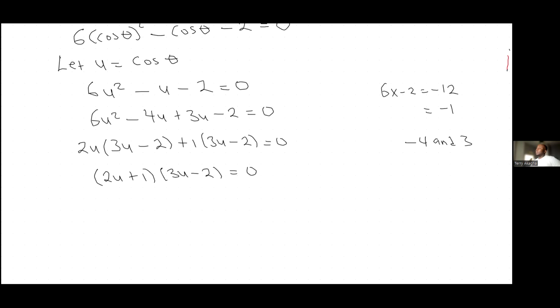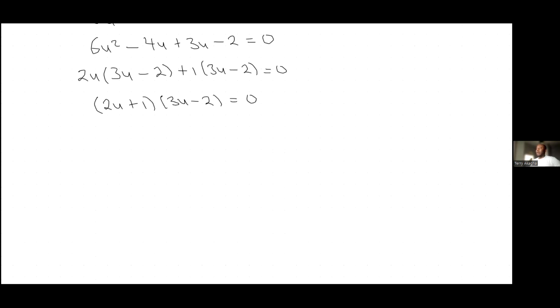Then I told you that when you're doing this, you have to solve. So we're looking for u now, and you have to equate each of the brackets to be equal to 0. So we then have 2u plus 1 is equal to 0, and 3u minus 2 is equal to 0. Then we'll take 1 to the other side.